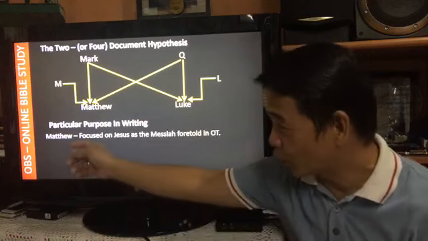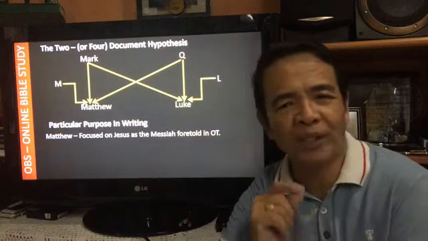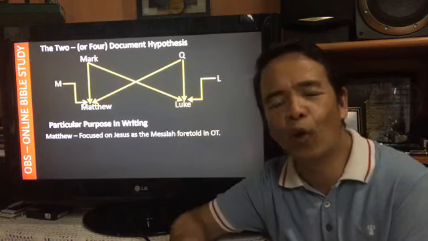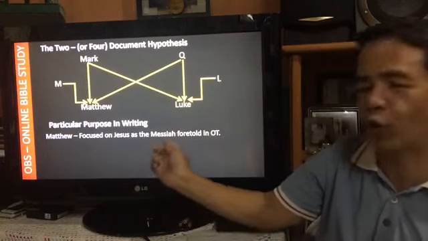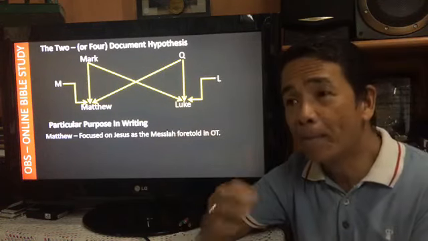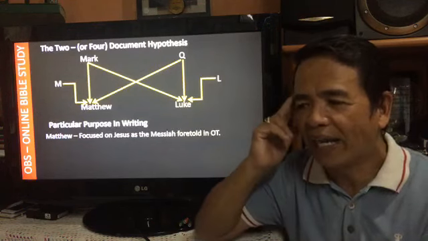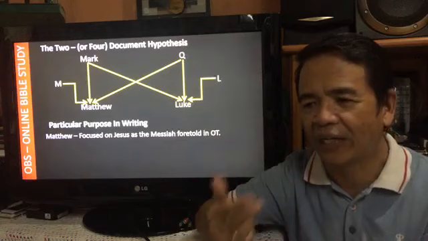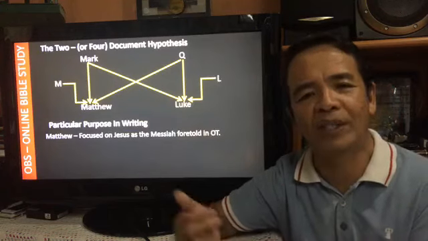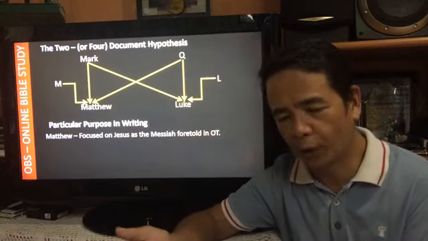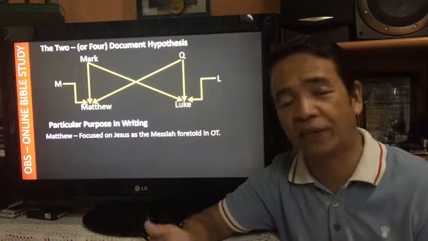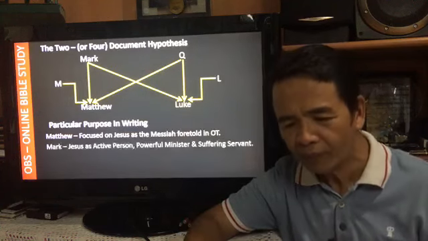Matthew is writing to an audience familiar with the Torah or the Tanakh. He must have had his fellow Jews in mind, so his Gospel is filled with those things.